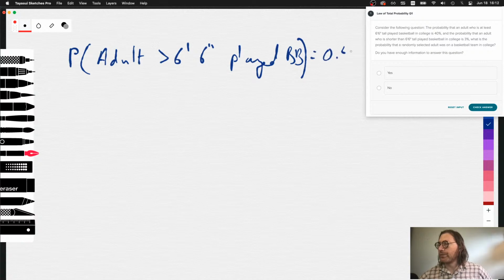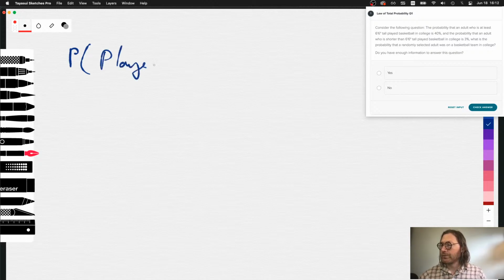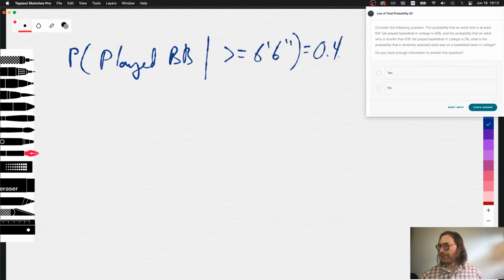That is 0.4. Oh, you know what? Let's think about this as conditional probability. We could call this played basketball given being greater than or equal to 6'6". So that's 0.4.